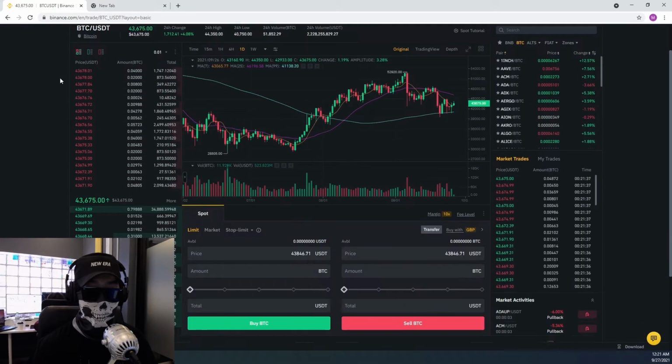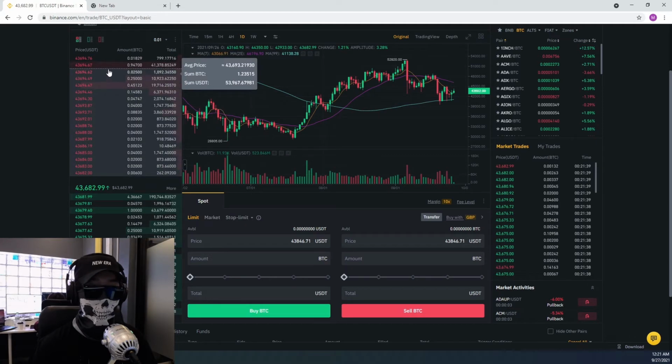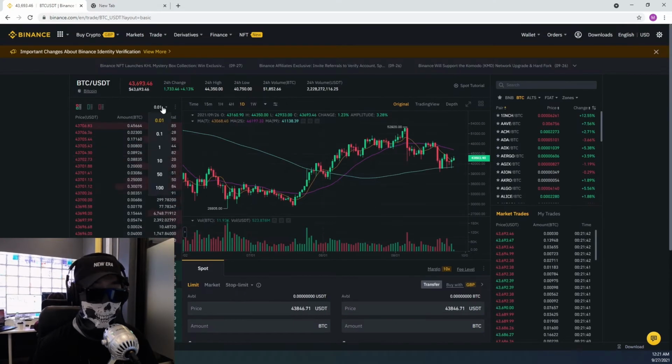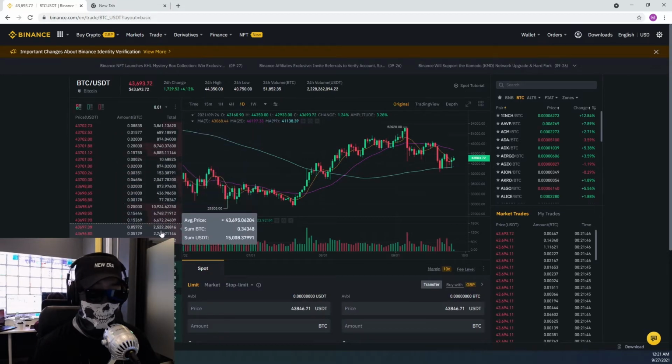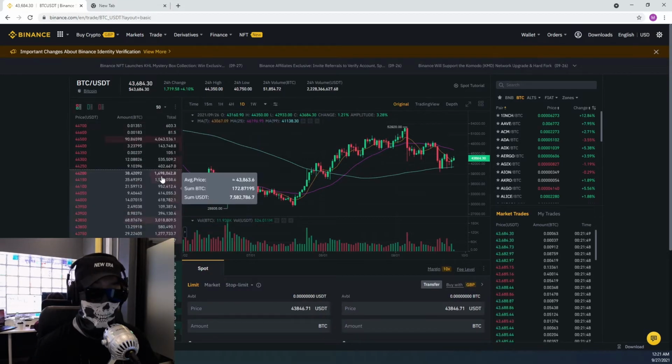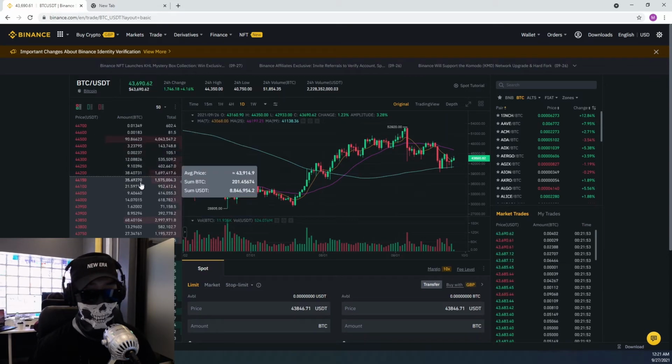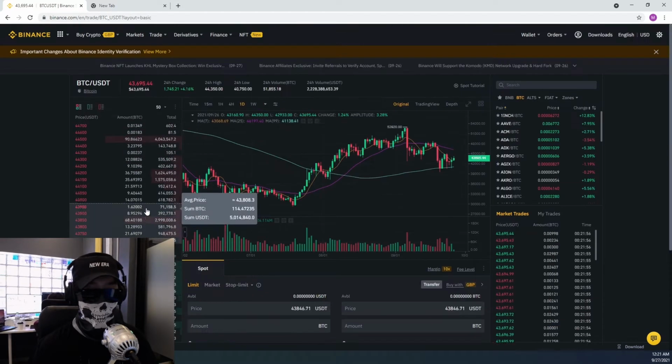Aside from that, if you look over here on the side, you can see that this is called an order book. What the order book basically tells you is how many orders are at each different level of Bitcoin. So let's say we go into the 50s, and I'll sort the integers by 50 over here, and I'll show you where all the sellers and where all the buyers are in the market.